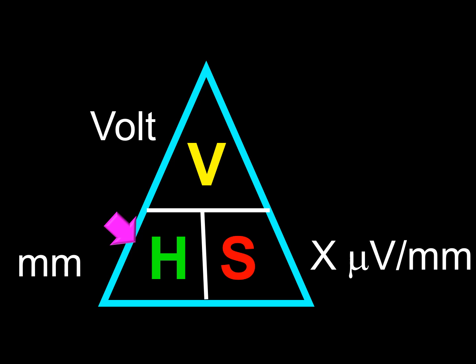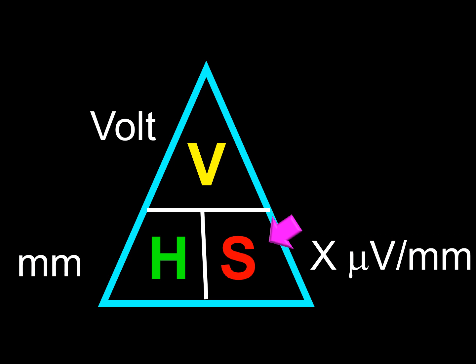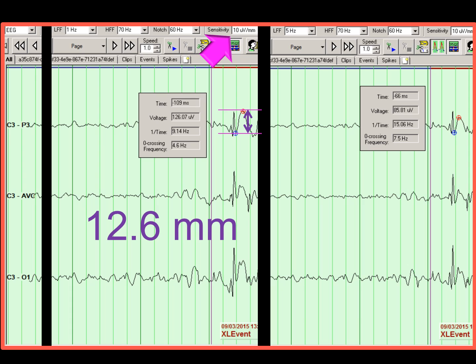In the past, such a determination was done by manually measuring the height of a wave. For example, the height of this wave is 12.6 millimeters. Next, we would have checked the sensitivity being used. The sensitivity being used in this case is 10 microvolts per millimeter.